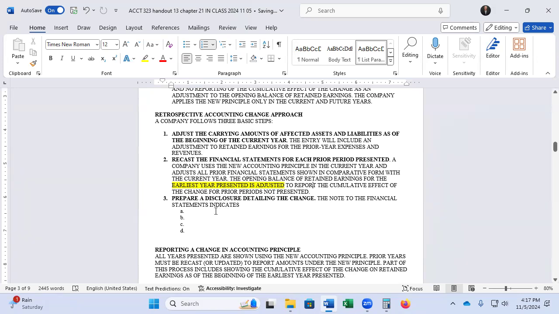And then the last piece you have to do is prepare a disclosure detailing the change. The note to the financial statement indicates the nature of the change, why the company made the change, the years affected, and the impact on various line items in the financial statements.